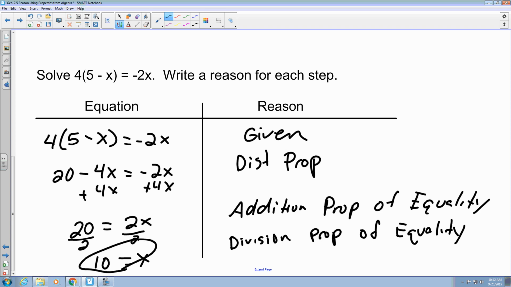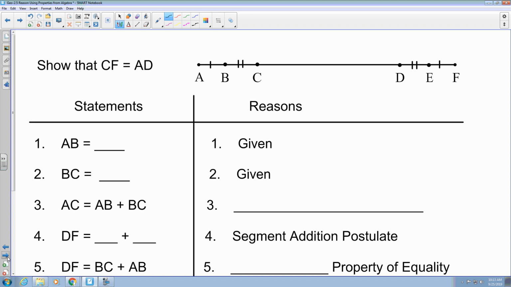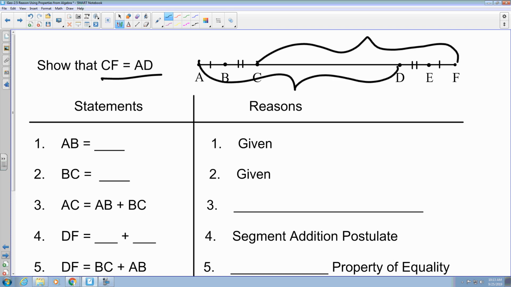Okay. So now we are going to apply all the different properties that we looked at in the hopes that we can show that CF, which is right here, is equal to AD, which is right there.